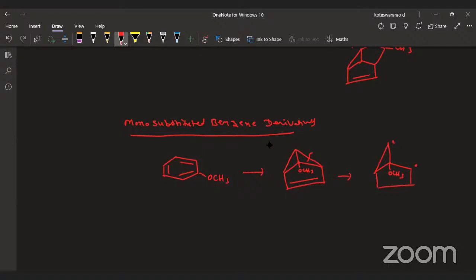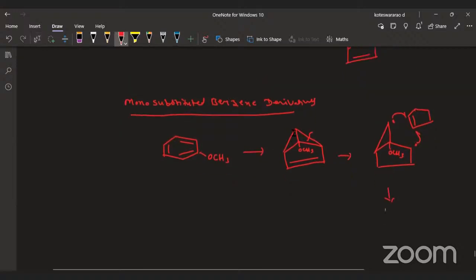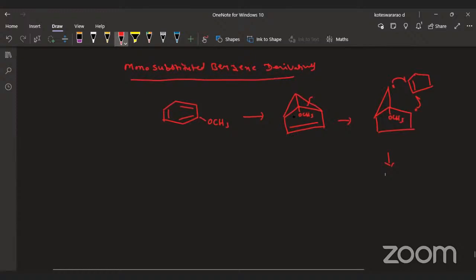Now, it is reacting with a cyclopentene derivative. That is a cyclopentene. A double bond is here. Homolytically, bond formation takes place. Then it leads to the formation of a double bond.